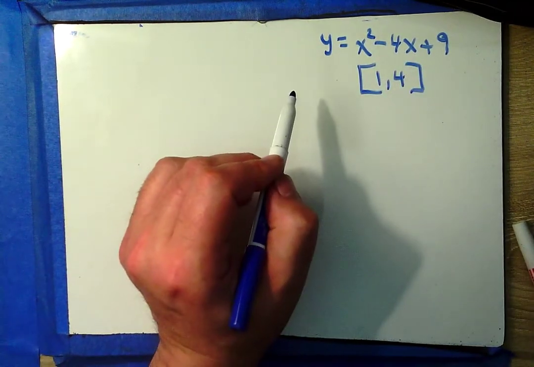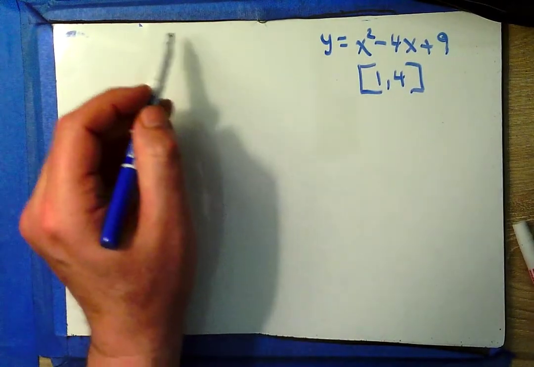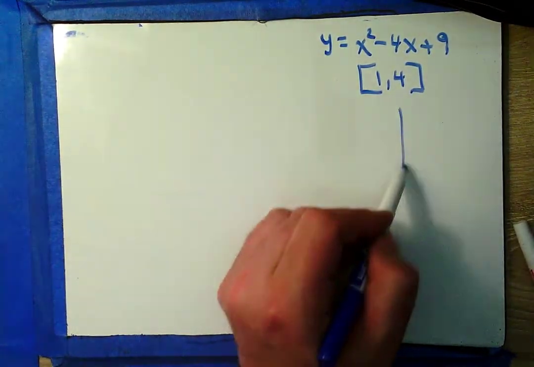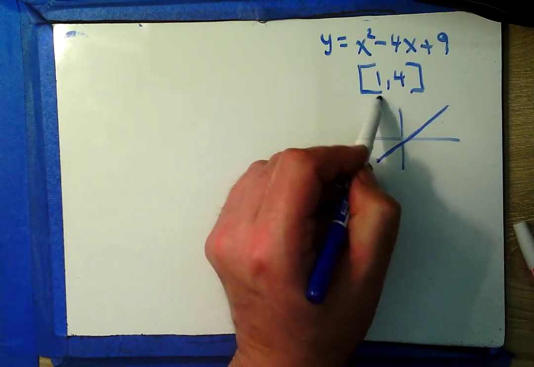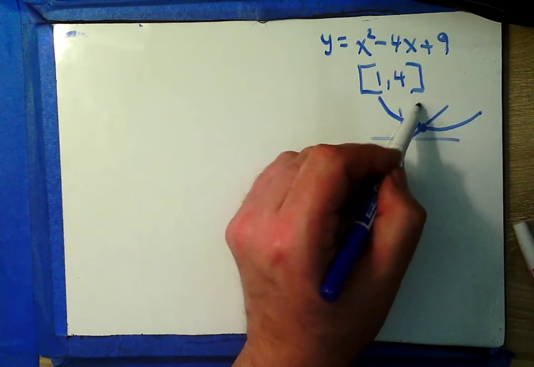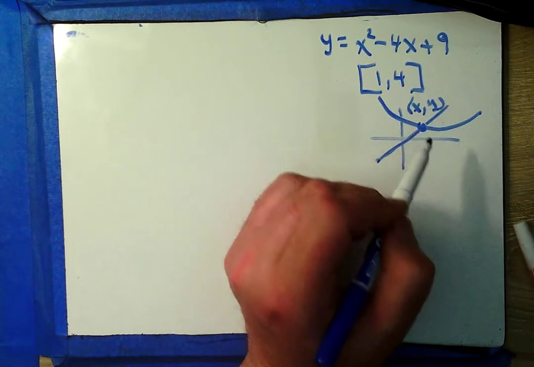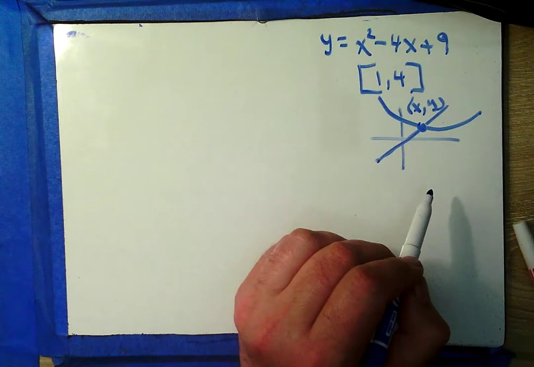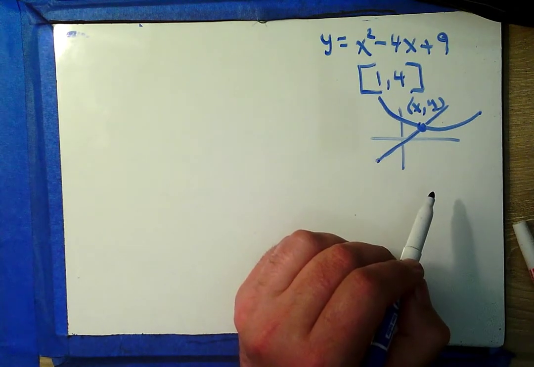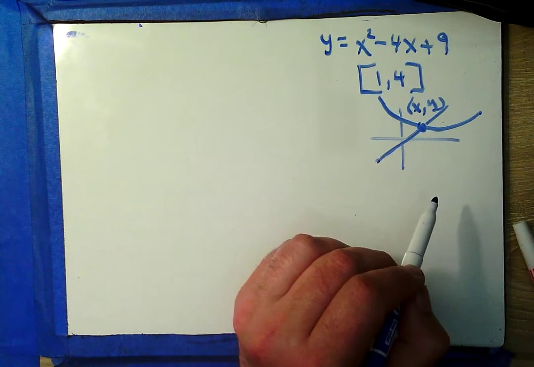Okay? And our line has to pass through the origin. And so there's x, y. The figure below shows one such line. Which of the following statements is true? The line with the minimum slope passes through the graph of.